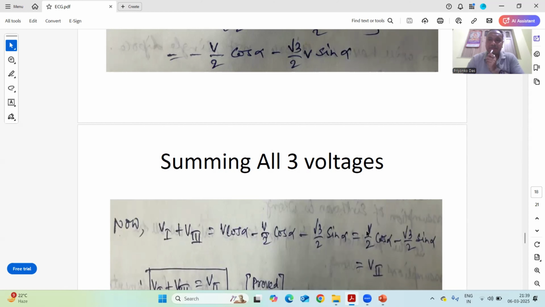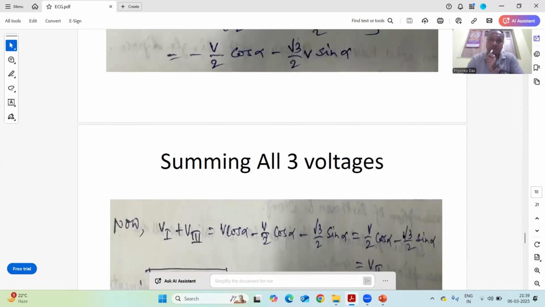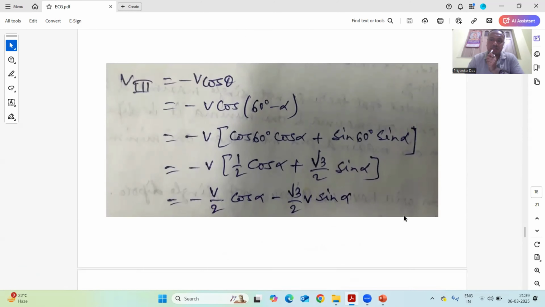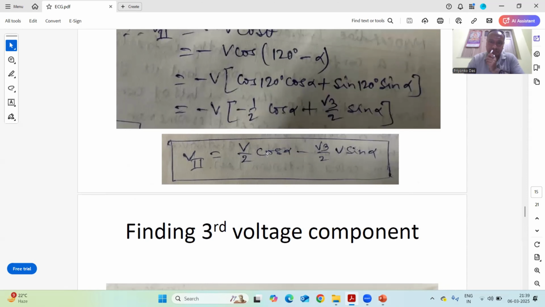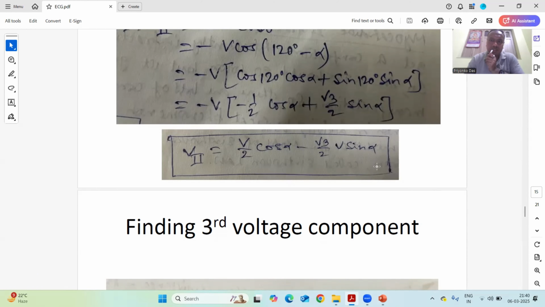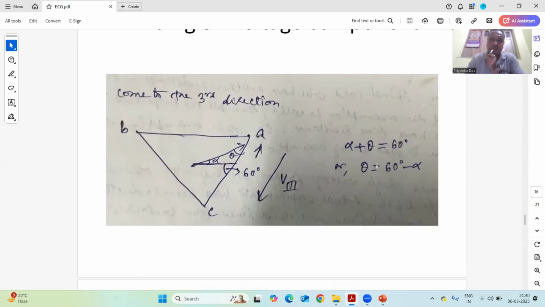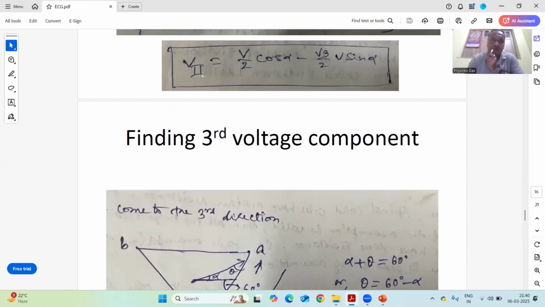So I'll get V by 2 cos alpha minus root 3 by 2 V sin alpha, and you can check that this was the value of V2.